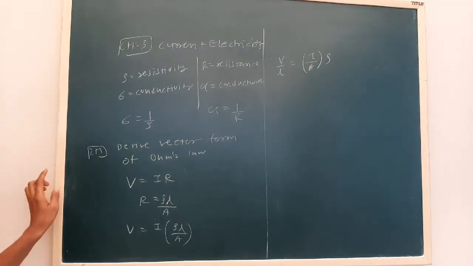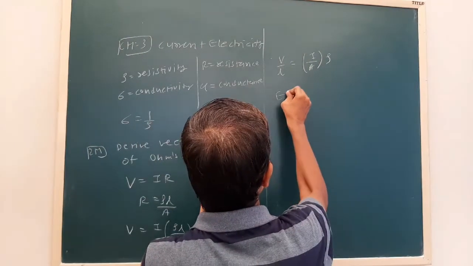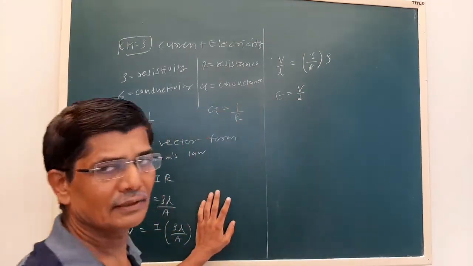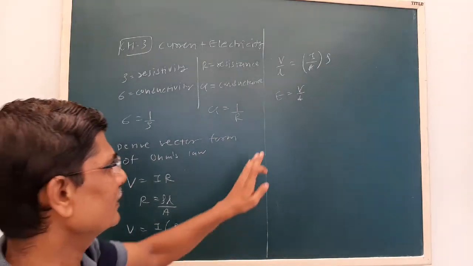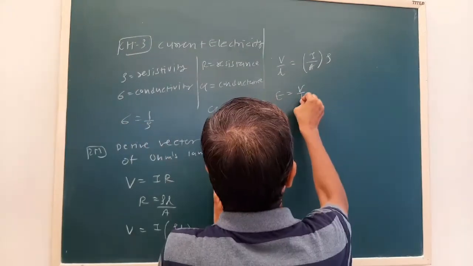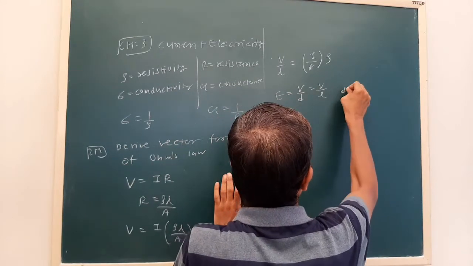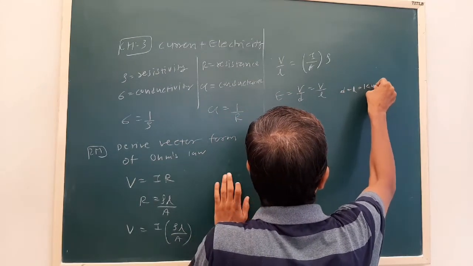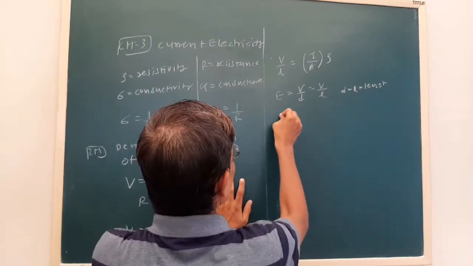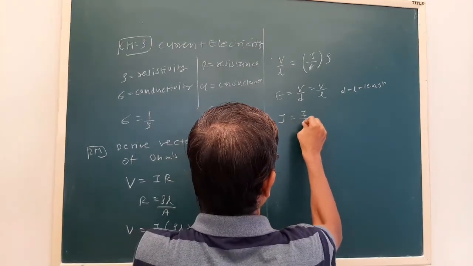If we studied like this, E is equal to V by D, volt per meter, where D is nothing but distance or a length, and current density J is I by A.